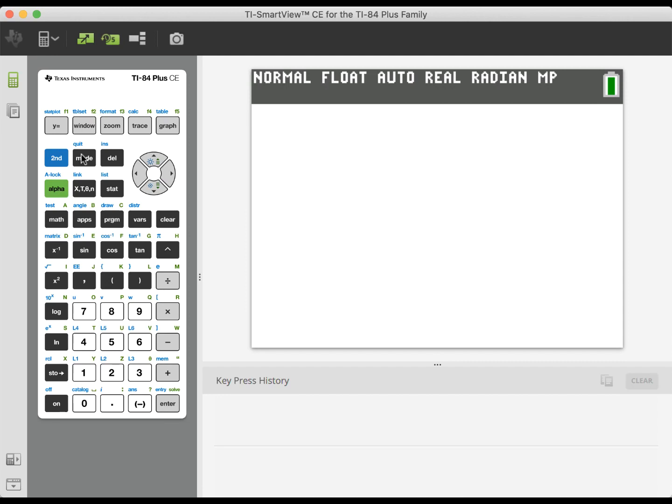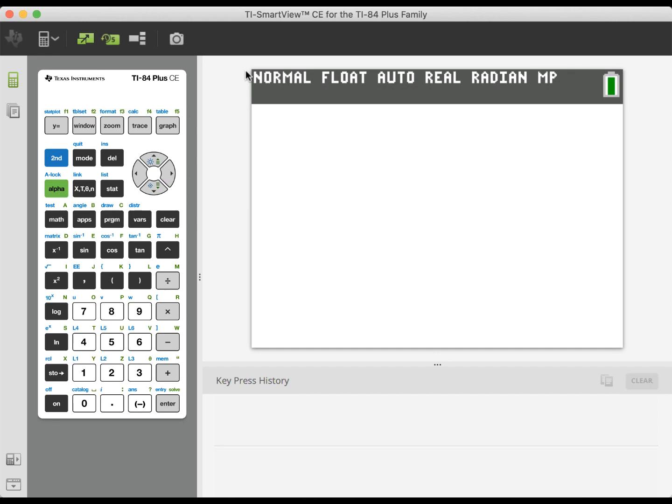But make sure that you always have a TI-84 calculator. A TI-83 really does not work well. There are certain things that a TI-83 cannot do that you really want to be able to do with a regular TI-84 calculator. So make sure that you have a TI-84.